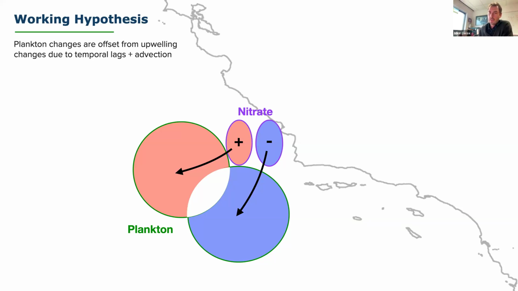And then you have this sort of advection offshore and to the south. And so when you see the plankton responses, you're seeing them displaced from where the upwelling changes were. And where the overlap of these areas of influence is, you might not see much of a change in the plankton communities, but then where the influence of either the increased or the decreased nitrate dominates, you would see changes in the plankton communities.